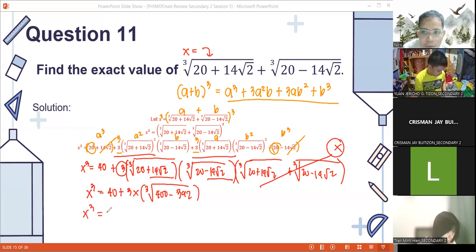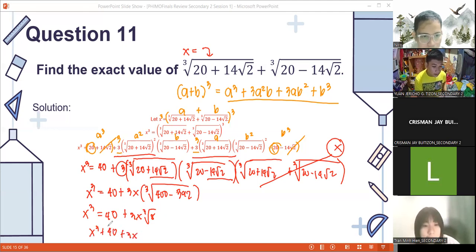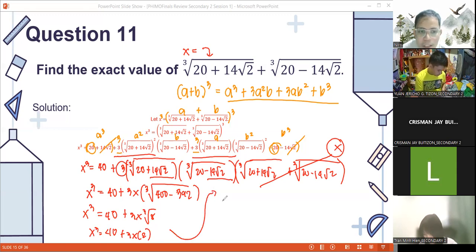So x cubed is equal to 40 plus 3x times the cube root of 8, which is just equal to 2. Okay, so continuing it here, we'll now get x cubed minus 6x minus 40 is equal to 0.